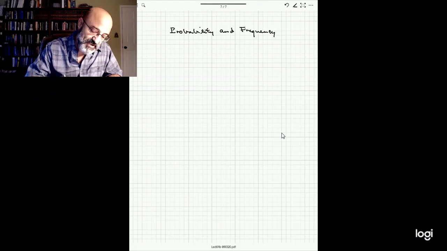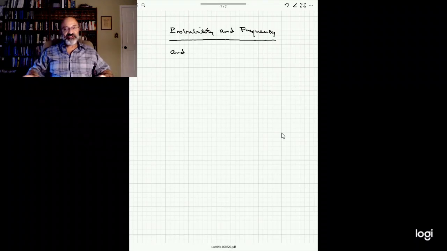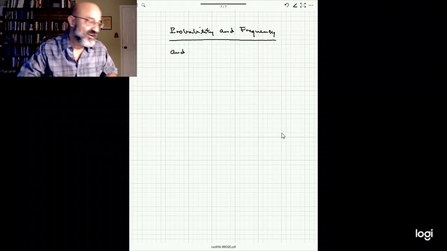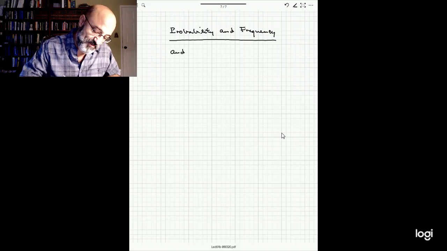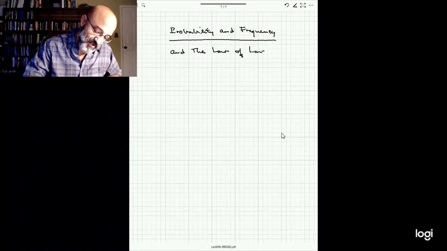How are the two connected? And in the process of doing this, we want to derive the law of large numbers.